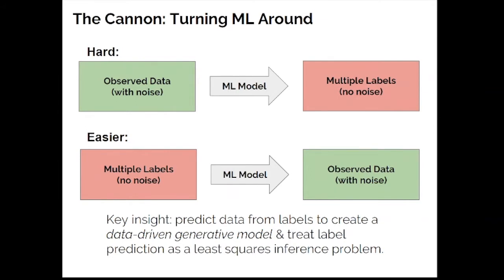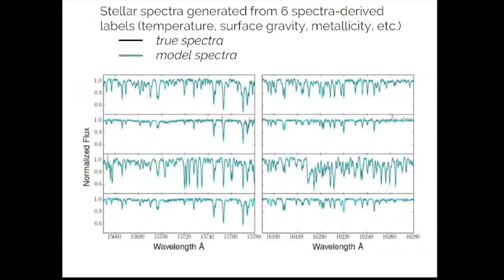So they basically took this machine learning process and flipped it on its head and said, we're not going to predict labels from data. We're going to predict data from labels. And what you get then is essentially a generative process where, given some stellar labels, you can predict what you think the spectra will look like.